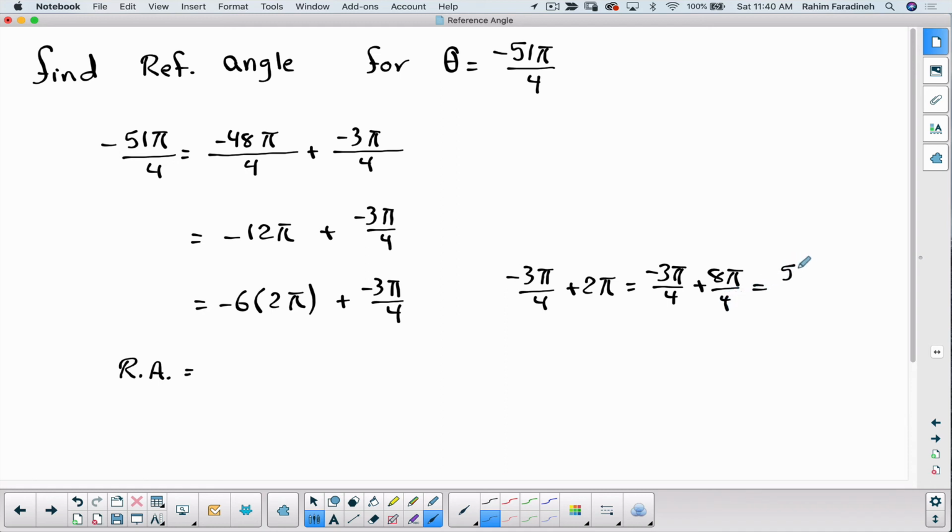And that becomes 5 pi over 4. And 5 pi over 4 is in quadrant 3 as well. So now back to our reference angle will be theta, which in this case is 5 pi over 4, minus pi, do our simplifying, and our reference angle for the original angle of negative 51 pi over 4 is pi over 4.